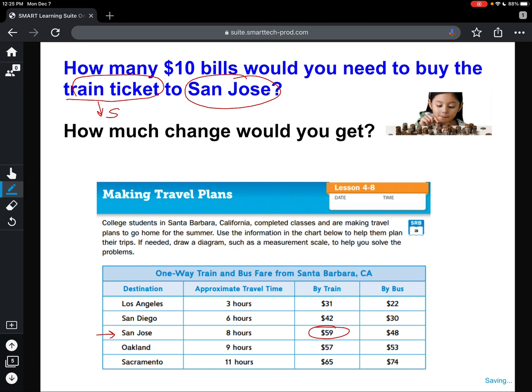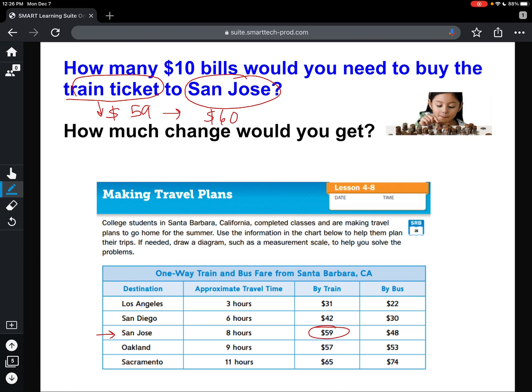So I know that the ticket costs $59. $59 is really close to what 10, if I round to the nearest 10. $59 is really close to 60 bucks.